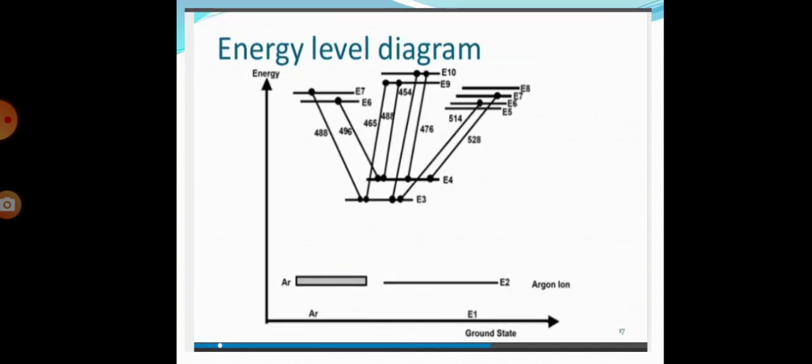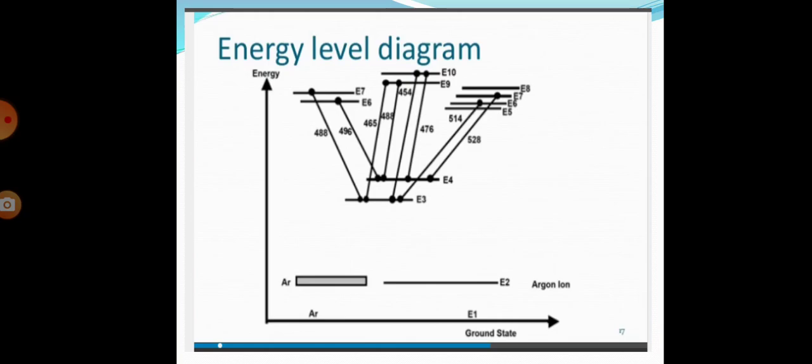The energy level diagram of the argon laser is as shown in the figure. The two main laser radiations are at main visible wavelengths. One is blue color, another one is green color.